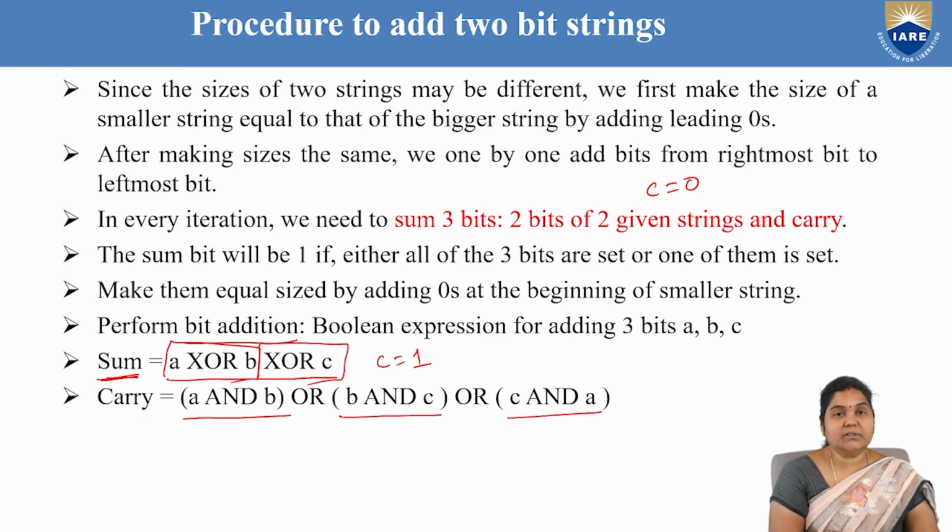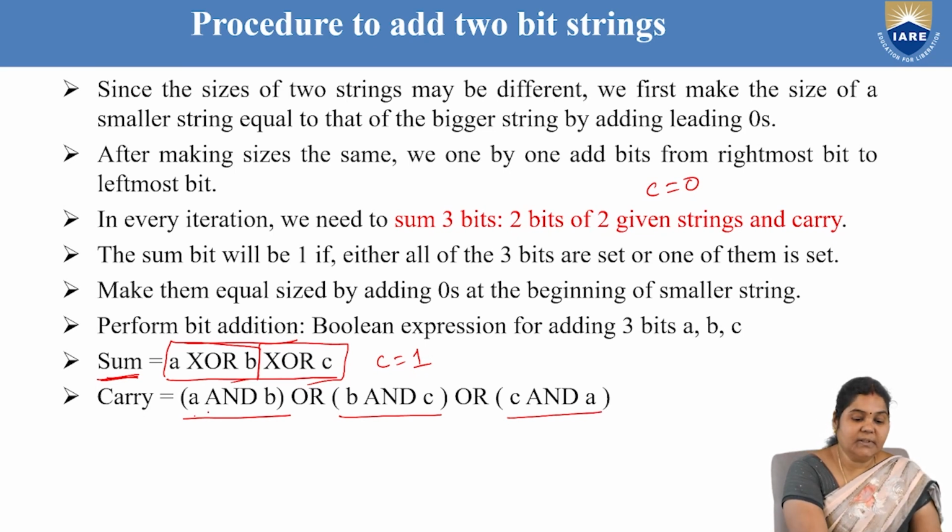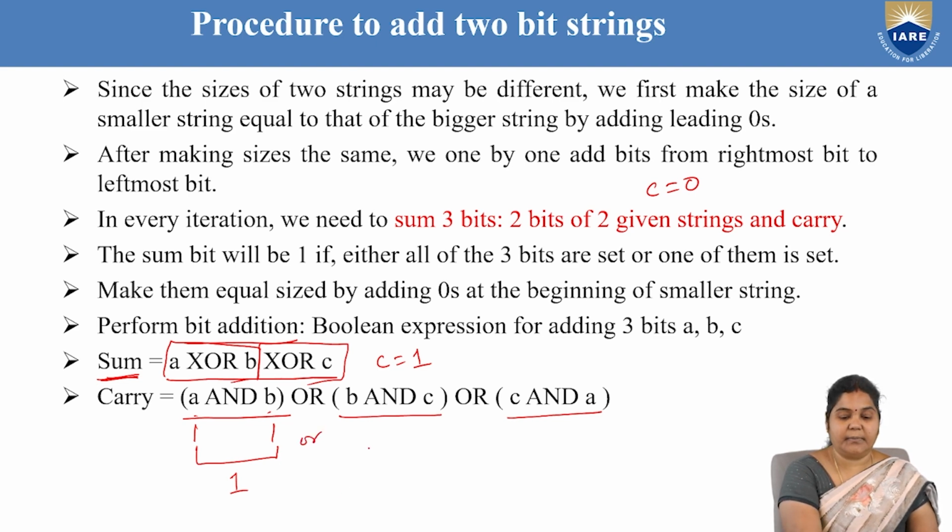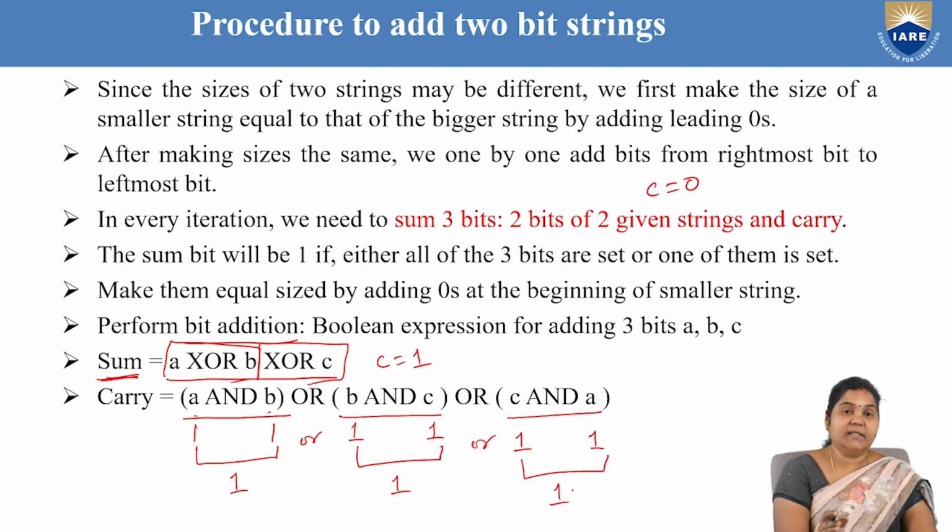Through these operations, when both the bits are 1, here A is equal to 1 and B is equal to 1, so the AND operation will give you 1. Or the situation may be, if the B bit is 1 and the C bit is 1, then the AND operation will generate 1. Or, if carry is 1 and your A bit is 1, then also you will get 1. So these are all the three circumstances you are considering to set the carry bit.